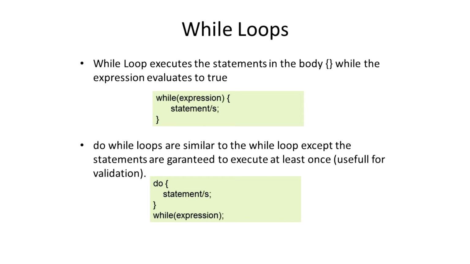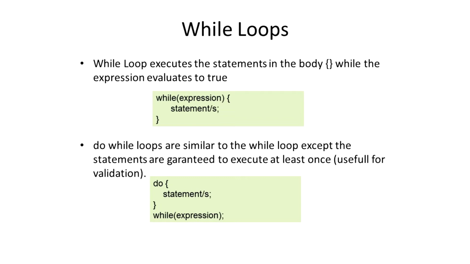And this means that there's no check on whether we would actually perform the statements inside the body of the loop first of all. So that means that we're always going to run this do while loop at least once because of the order of the statements. Remember, the first while loop, the standard while loop, will only run the code if that condition evaluates to true, and that's checked first of all.